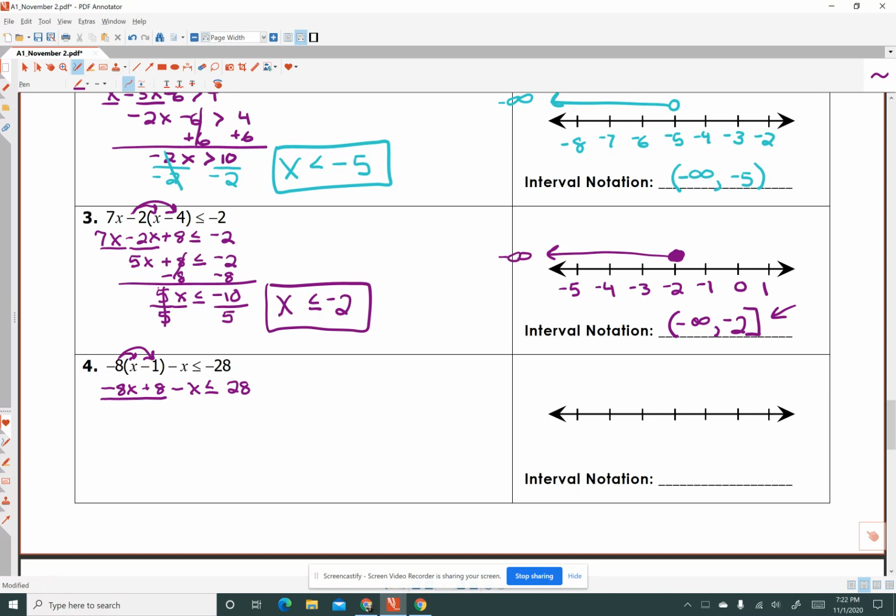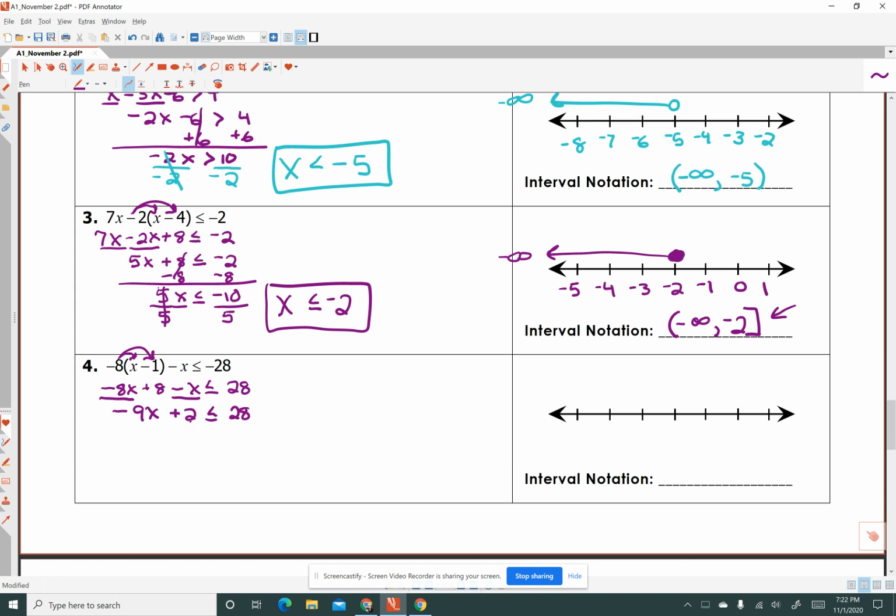-8, let me make that clearer. -8 minus 1/8, here's an invisible 1 here, is -9x plus 8 is less than or equal to 28.